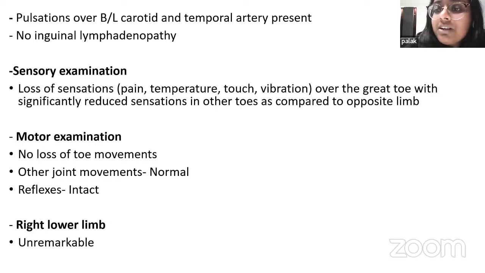So first the patient will receive non-steroidal anti-inflammatory drugs, and if it is not controlled, then non-opiates, and then finally opiates will be used for pain management. Okay.